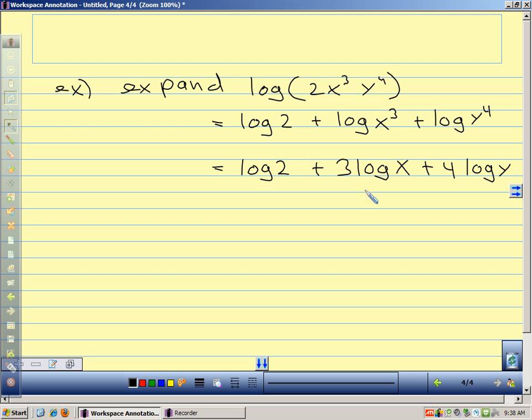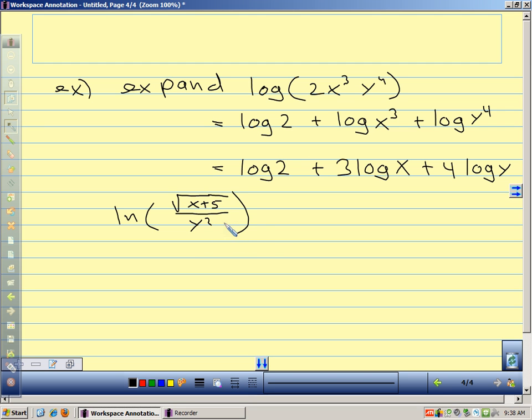So let's look at another one. We're going to do several examples of this type of problem. So we have the natural log. Before we move on, anybody have any questions on why I did what I did here? All right, so natural log of square root of x plus 5 over y squared.